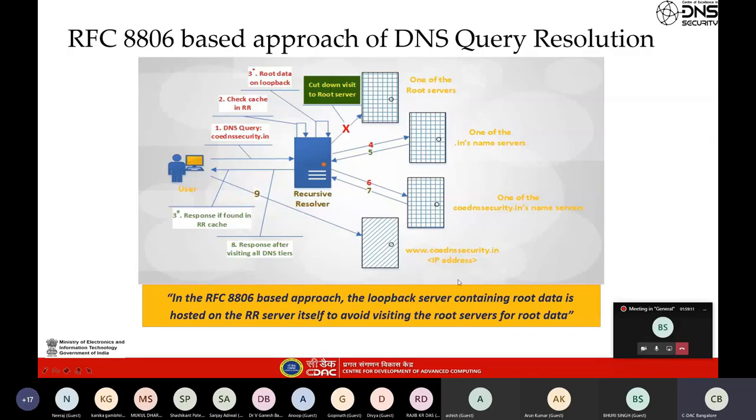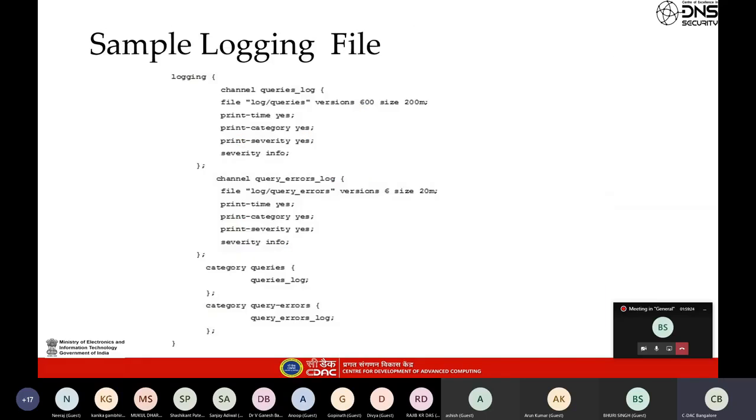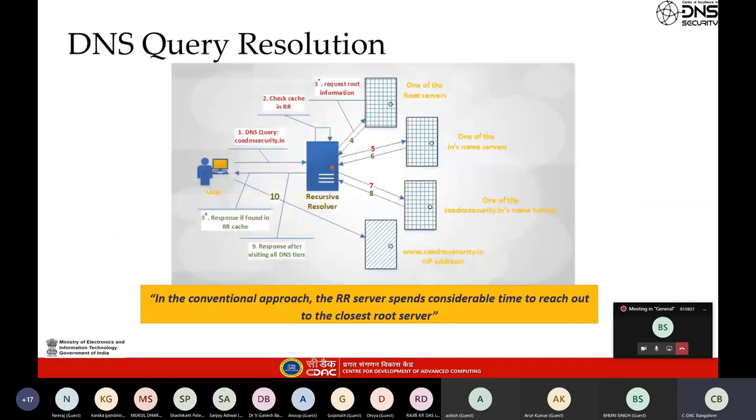Okay, right. So here, to improve the performance of the recursive resolver, I'll just take you back to one of the previous slides. In this slide, if we recollect, any query that is coming to the recursive resolver, and if it is not able to resolve the query at its local cache, then it has to traverse this complete DNS hierarchy.